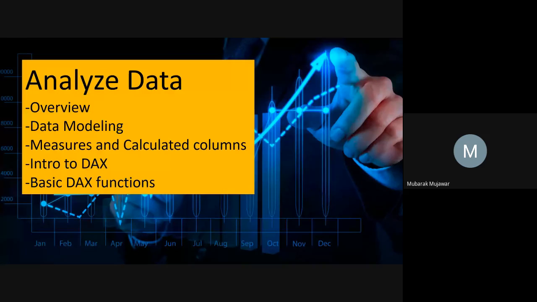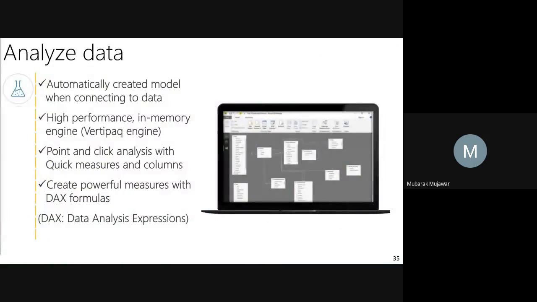We can also use Power BI to analyze the data. We can create models to connect different data sets. For example, I have 5 or 6 different data sets, and there might be some common ID or some kind of relationships, so I can analyze that data visually using Power BI.